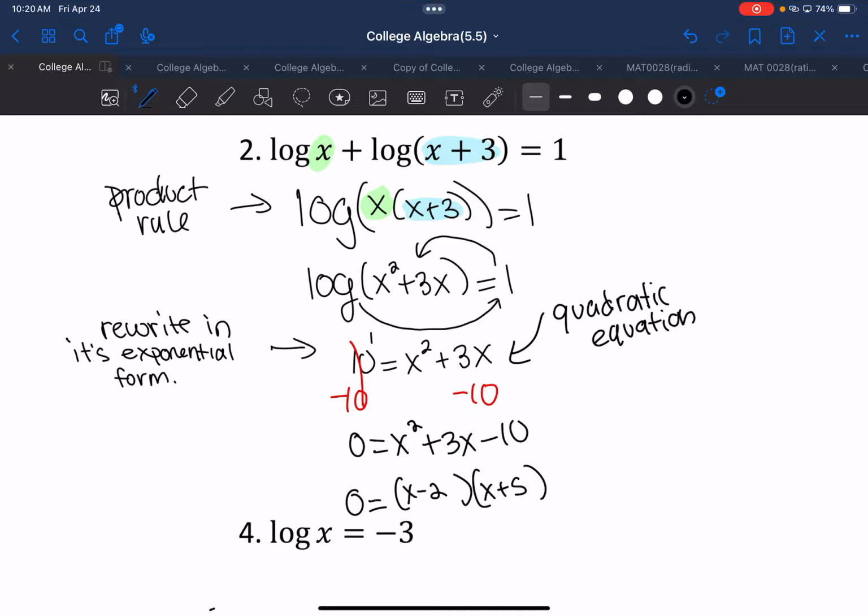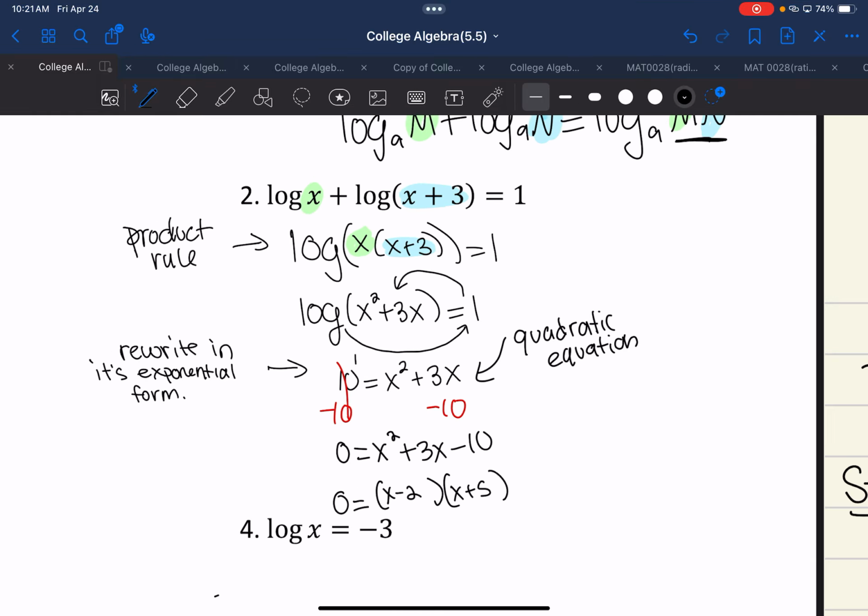Okay, so I see a lot of students get this far, and even with the quadratic equations, they get this far and they just think that's the answer. Negative 2 and 5 is the answer, but it's not. That's the numbers you use to factor it. Now I need to set each factor equal to 0.